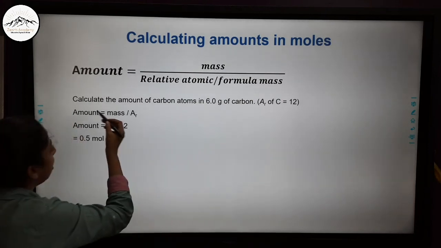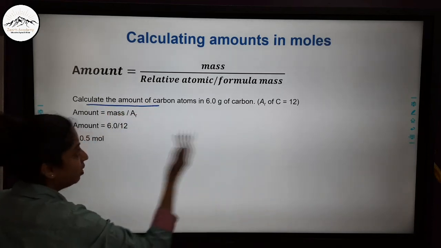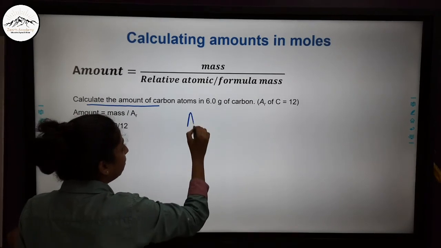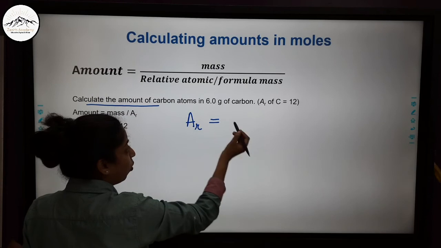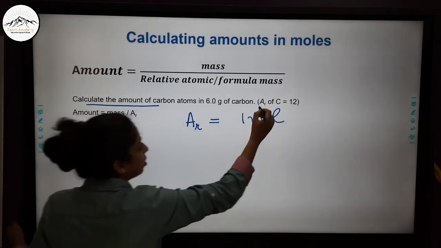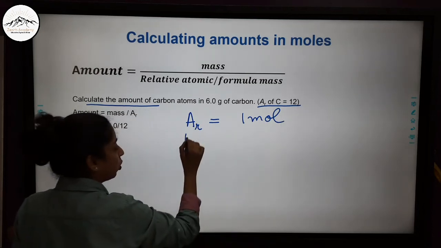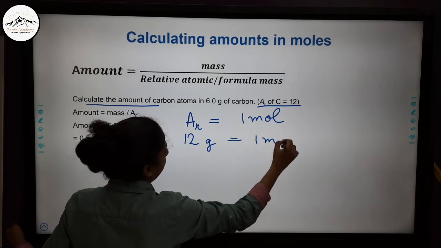Okay. Now what is asked? Calculate the amount of carbon. So amount will be on the right hand side. We know that relative atomic mass corresponds to what? Corresponds to 1 mole. So what is the relative atomic mass of carbon? 12. So 12 gram corresponds to 1 mole.